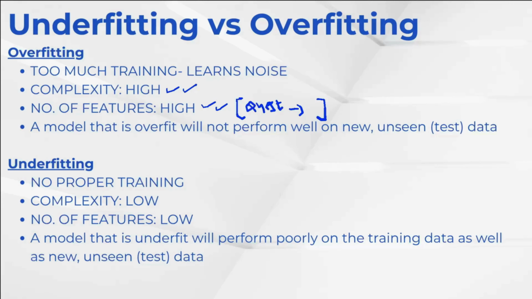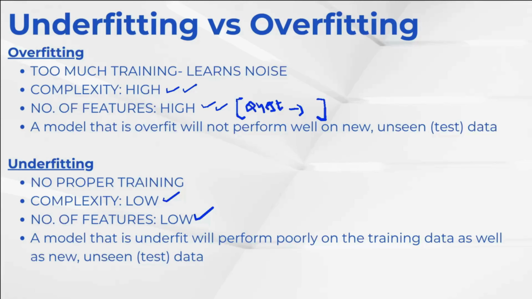So the student will perform well in the sample test, but they will not perform well on the real exam or the real test. Similarly, the model that is overfitted will perform well on the training data set, but it will not perform well on the testing data set. And when I come to underfitting, here we have a less complex model. There is a low number of features.